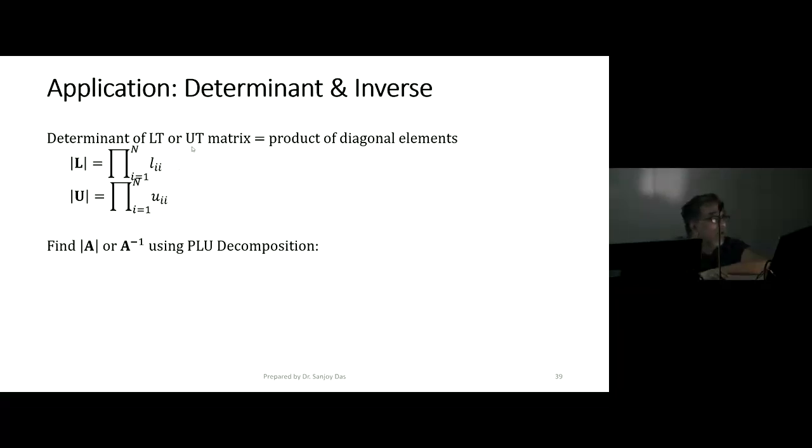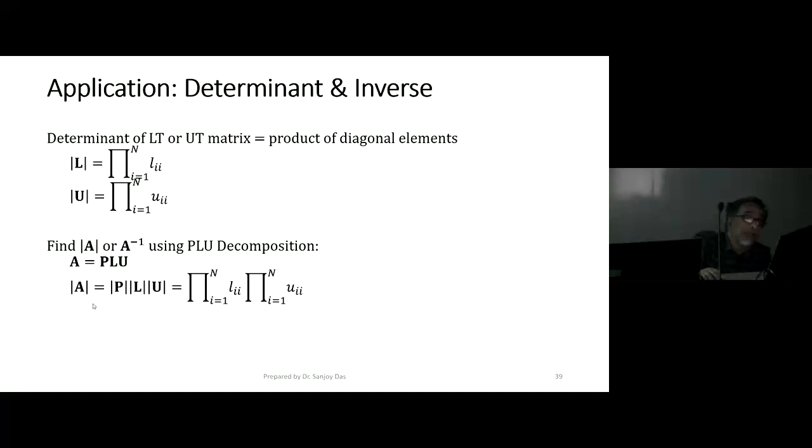So suppose we want to find the determinant or the inverse, we can apply PLU decomposition, A equals PLU. The determinant of A is therefore the determinant of P. P is a permutation matrix, so its determinant is 1. Then for the determinant of L and the determinant of U, all you have to do is take the products.